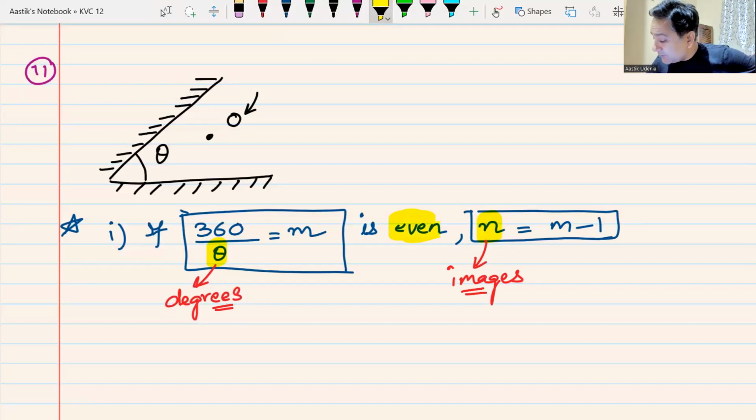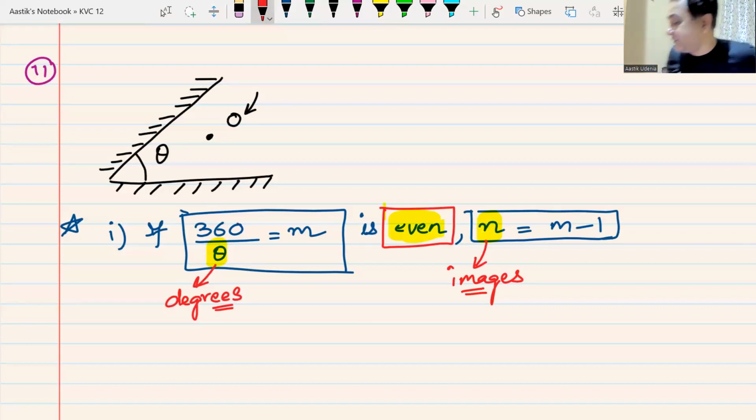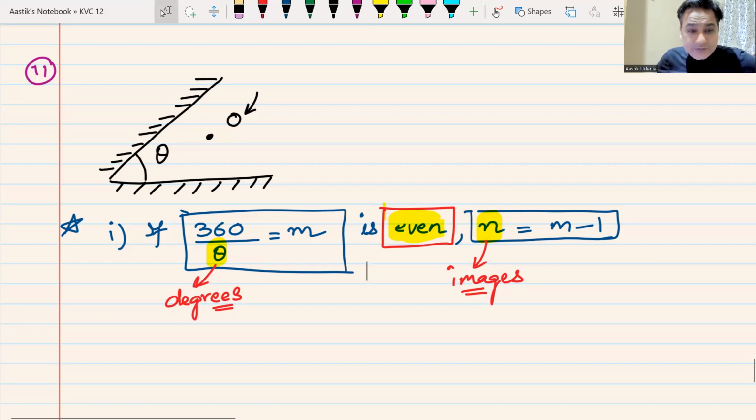If it is even, then the answer is pretty simple. The number of images would be m minus 1. So if m is 4, the number of images would be 3. As simple as that.